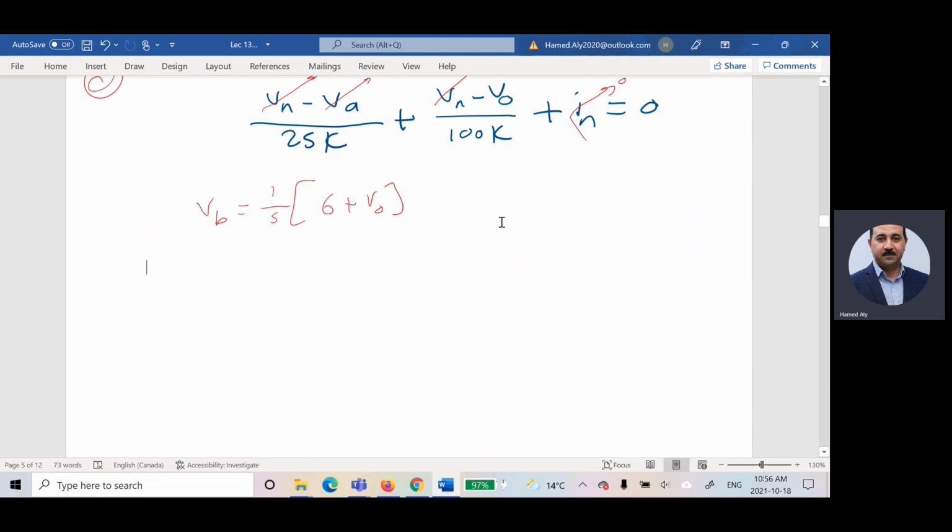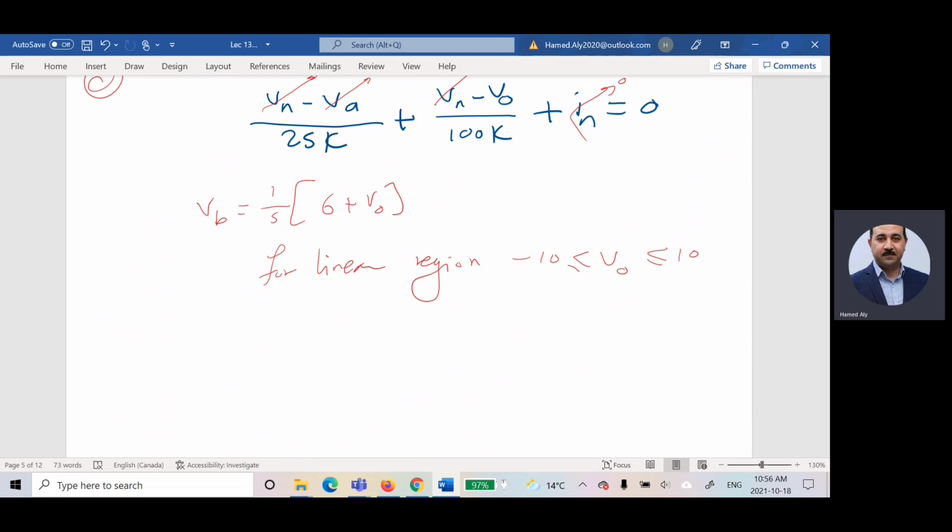Now, I'm going to say for the linear region, VO should be in between negative 10 and 10. Then I'm going to substitute VO equal to 10 and find the corresponding VB, and then substitute VO equal to negative 10 and find the corresponding VB.